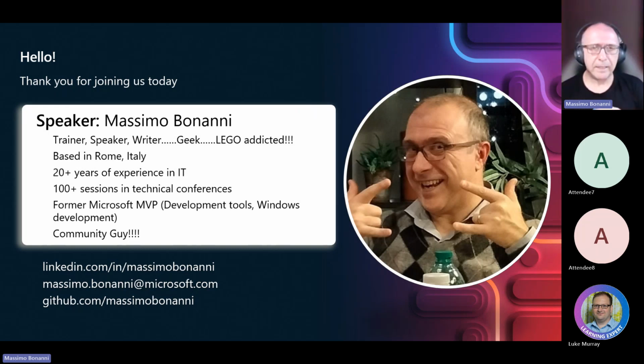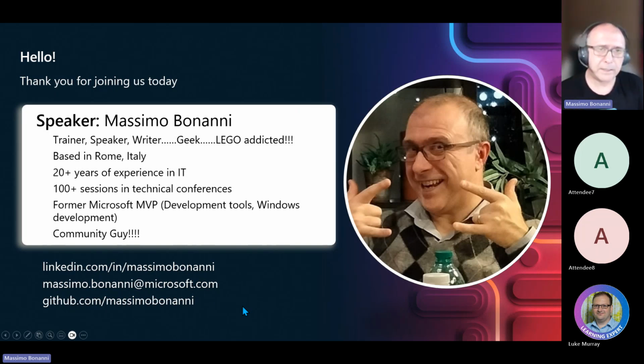I'm a technical speaker and technical trainer, so I like to share my knowledge with others. I'm a community guy. I managed a couple of communities in Rome for several years. You can find my references here, my LinkedIn, my mail, and also my GitHub profile. You can find the demos of the other session and this one in my repos.